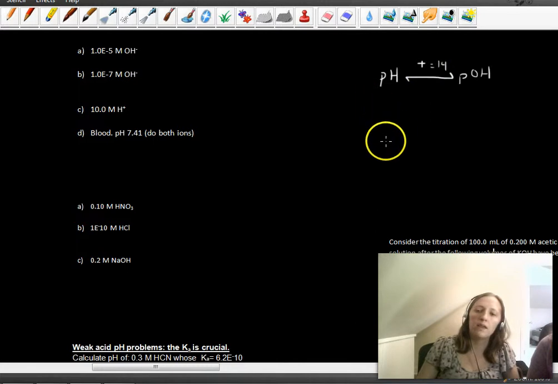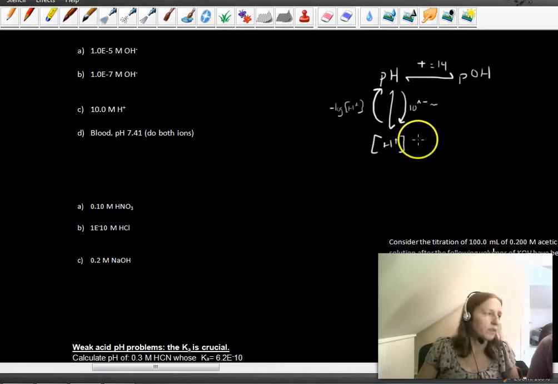And you've also got your pH and your H plus concentration. To go from H plus to pH, that's negative log of H plus gets you pH, and to get from pH back to H plus concentration, that's 10 to the negative power, whatever the pH is.